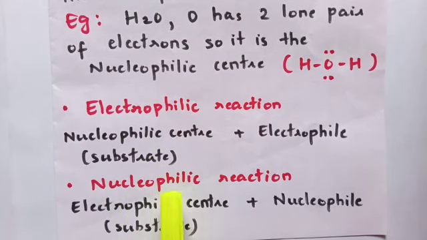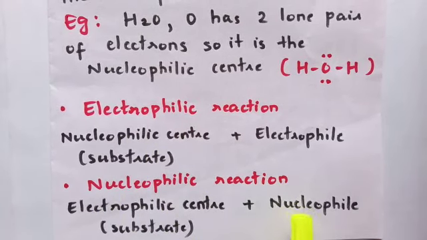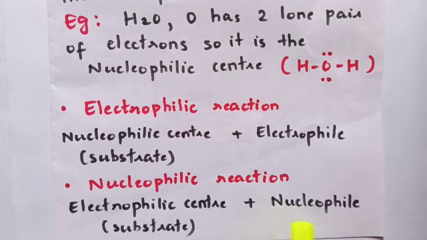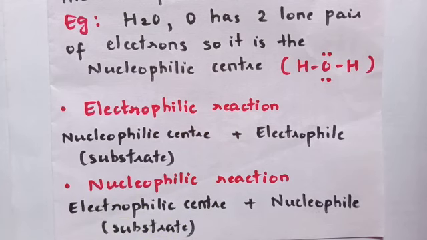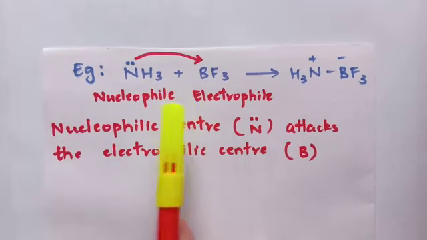Whereas in a nucleophilic reaction, a nucleophile which has extra electrons, which is electron rich in nature, will go and attack an electrophilic center. Why? Because this electrophilic center is deprived of electrons.